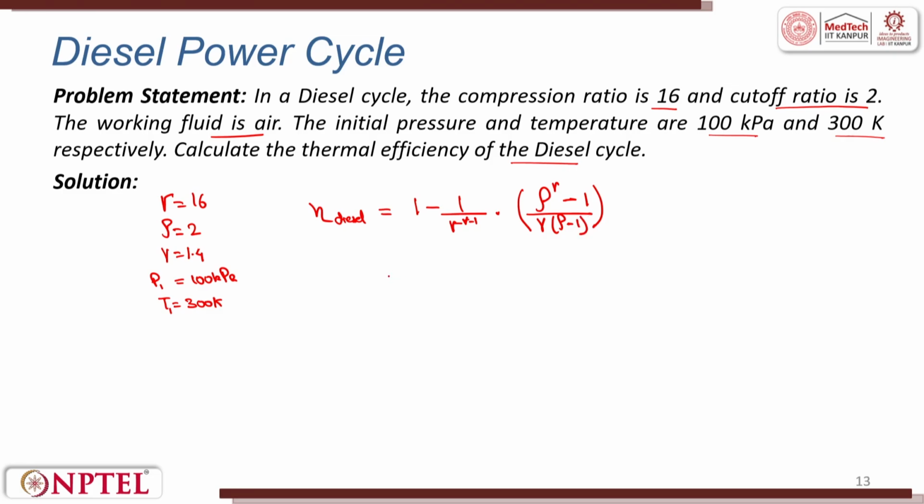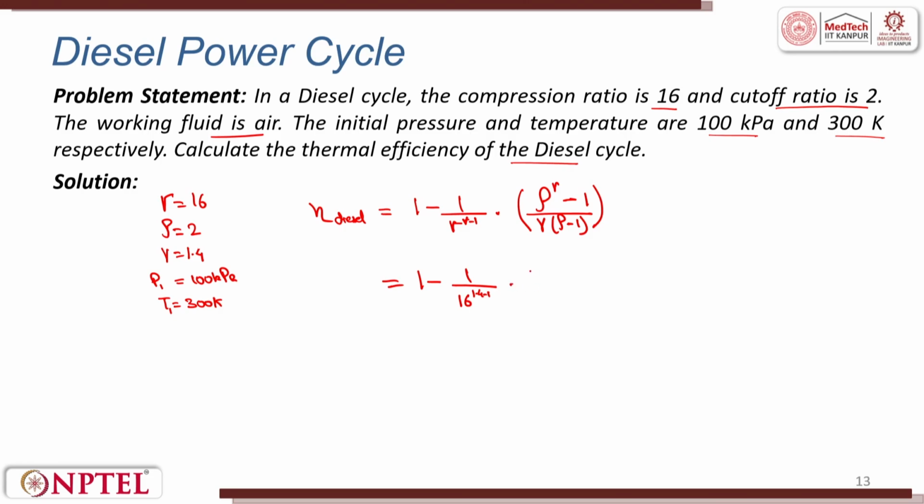Putting the values, I have 1 minus 1 by r to the power gamma minus 1, where the value of r is 16, my compression ratio, and gamma minus 1 is 1.4 minus 1.